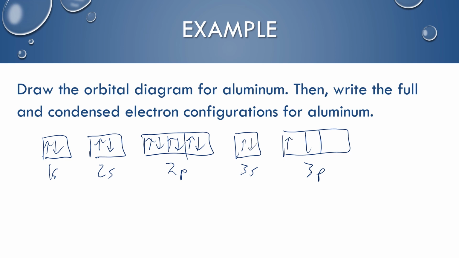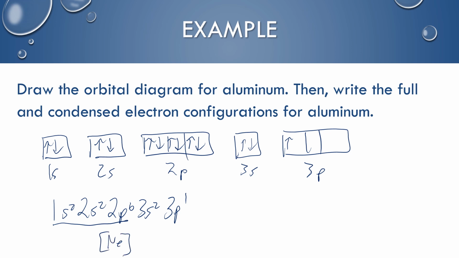And there are the 13 electrons for aluminum. So our full configuration is 1s2, 2s2, 2p6, 3s2, 3p1 for aluminum. And for the condensed electron configuration, we can ignore the neon electrons, and we just show the valence electrons.